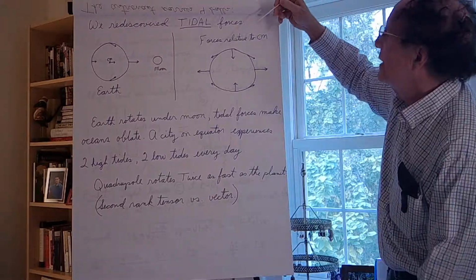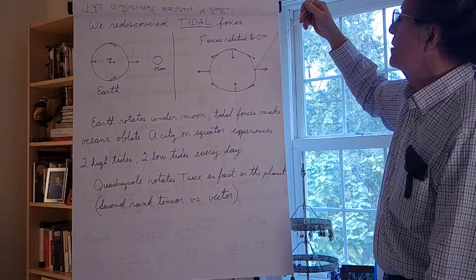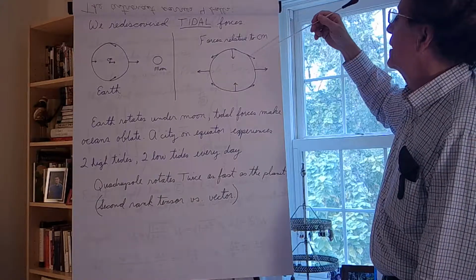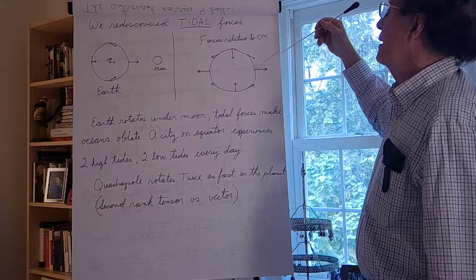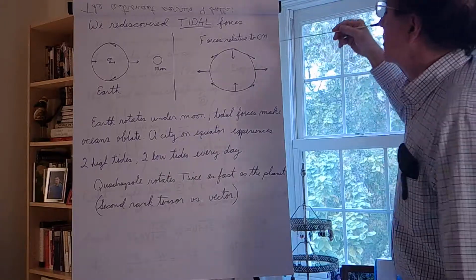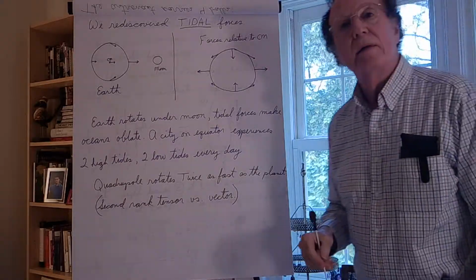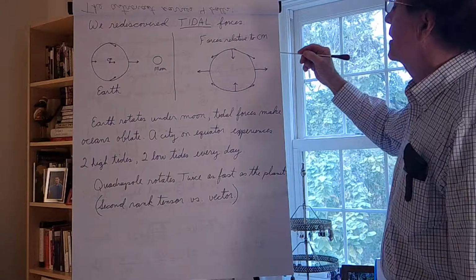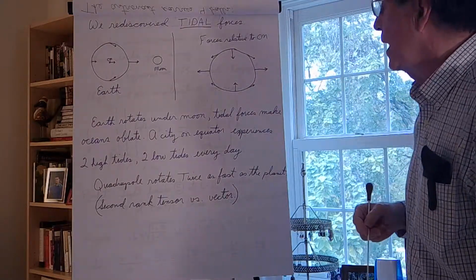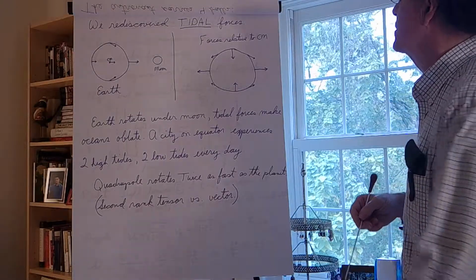Why is that? Well, look at the picture here. As this fellow rotates under the moon, I see that this point and this point are experienced twice in a 24-hour period, and similarly these points are experienced twice in every 24 hours, right?